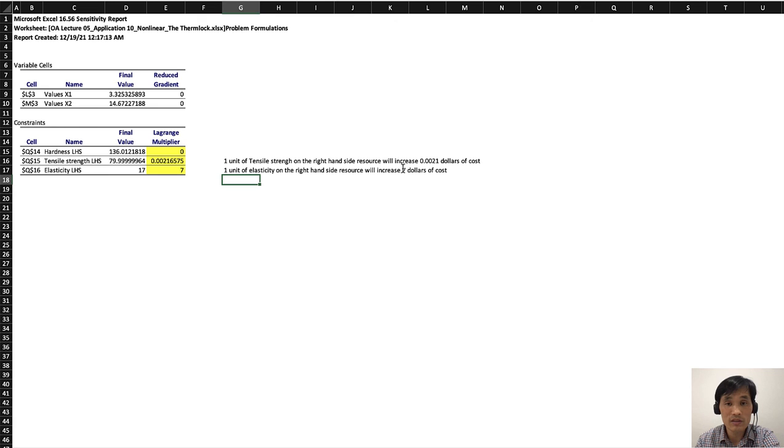In other words, decreasing elasticity by 1 will decrease the cost by about $7, which is quite high. The same goes with tensile strength. They are both binding constraints. So that's how you can read, interpret, and understand the impact of these constraints in your optimization. Thank you.